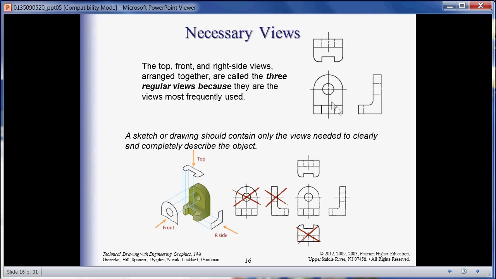Okay, so the necessary views, remember this, are typically your front, top, and side. There are occasions when the part is a simple enough part, like maybe in this case, where you may not need the side view. Here they're showing the front, top, and the side view. Here they're Xing out the bottom because we won't need that at all. The left is just the same as the right.